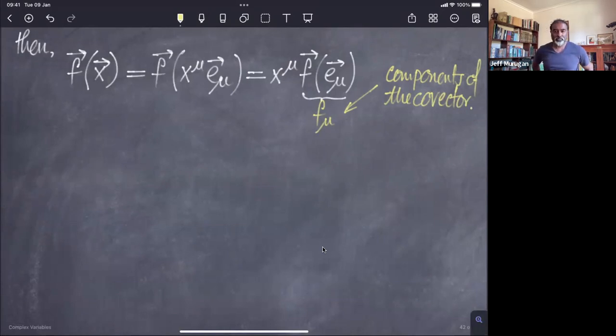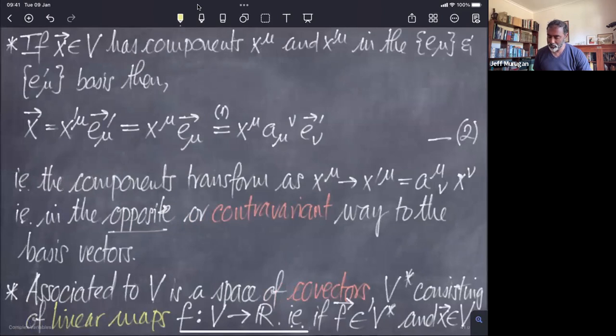Notice the following. The covector's components, unlike the vector's components, have a mu, but as a subscript. So the mu is downstairs instead of upstairs. That's important. Everybody see the bottom of this page?